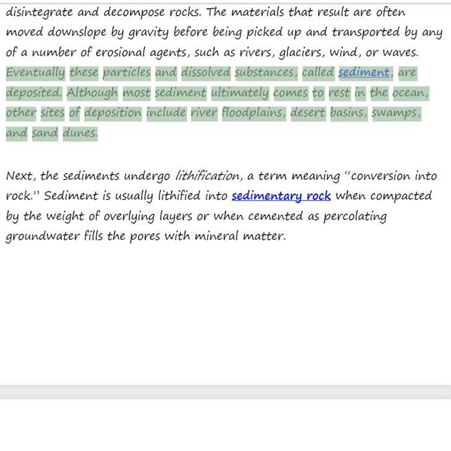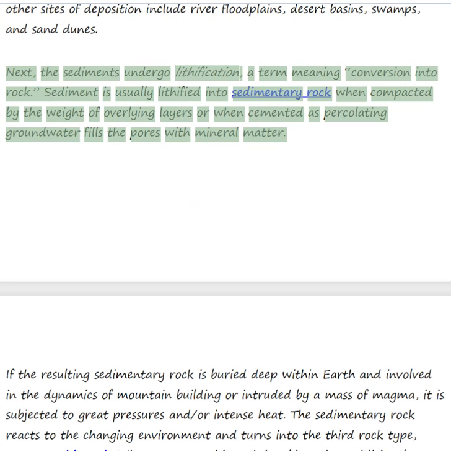Although most sediment ultimately comes to rest in the ocean, other sites of deposition include river floodplains, desert basins, swamps, and sand dunes. Next, the sediments undergo lithification, a term meaning conversion into rock. Sediment is usually lithified into sedimentary rock when compacted by the weight of overlying layers or when cemented as percolating groundwater fills the pores with mineral matter.